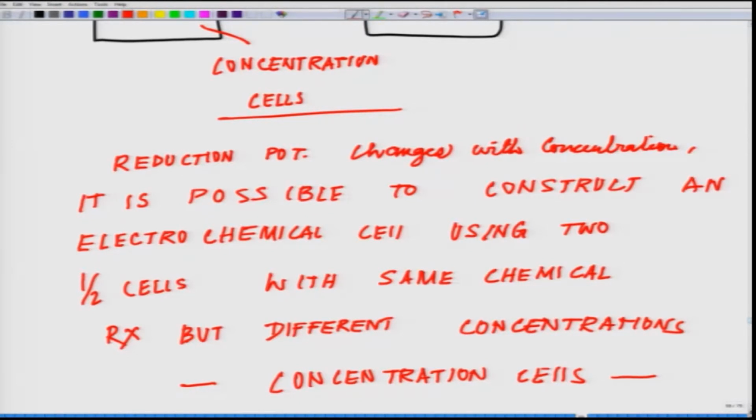Now, talking about a concentration cell, let us think of an example where you have a cell like solid silver, Ag, with Ag plus, one of the salts in the aqueous phase, at 0.1 molar.